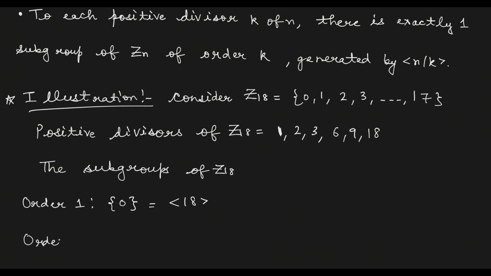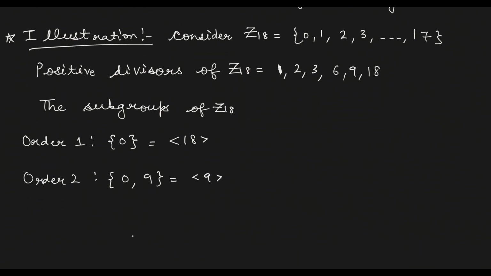Order 2. Basically, from these elements I am writing those elements which have that order. Order 2: 0 and 9. Order 3: 0, 6, 12.